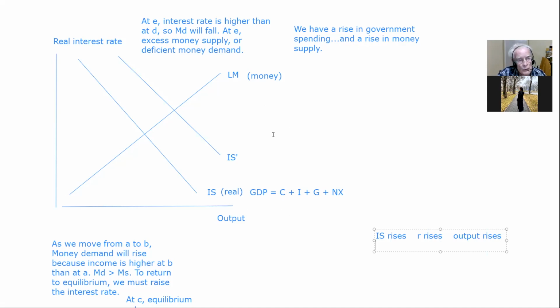So now, does this second event affect IS or LM? LM. Good. If money supply rises, the LM curve shifts. Exactly. Good.